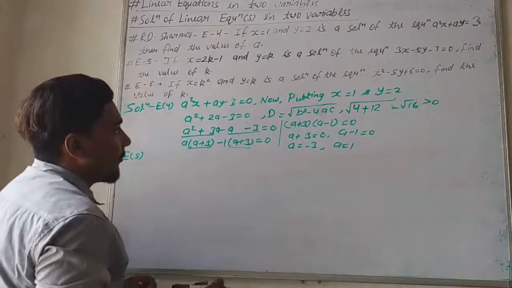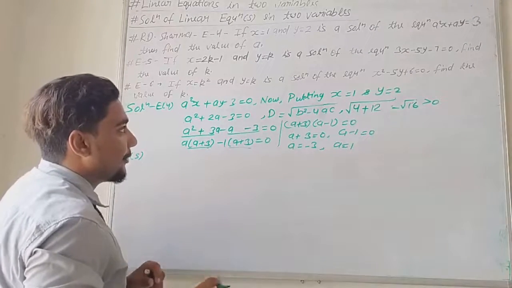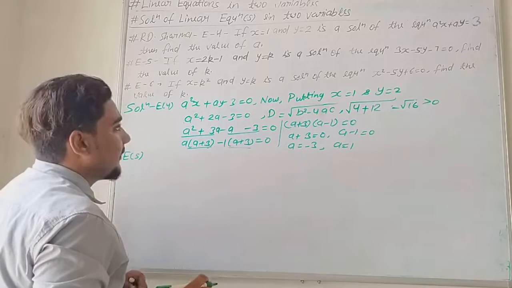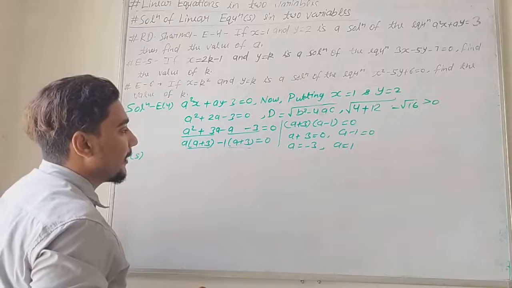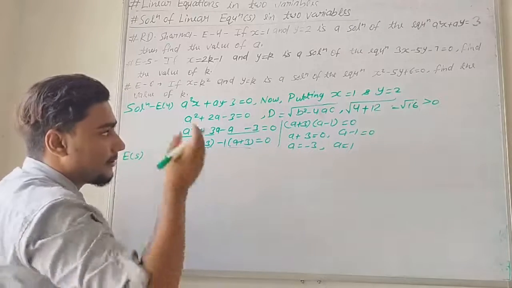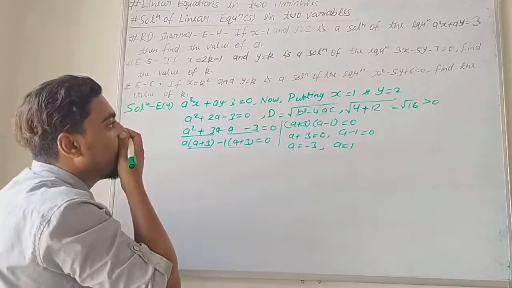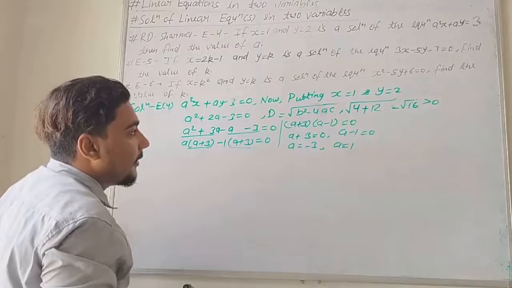What we have to do, we have to simply put the value of x and y in the equation, and solving the equation we will get, simplifying the equation we will get quadratic equation in two variables. And we have already studied the factorization of algebraic 2-degree polynomial.